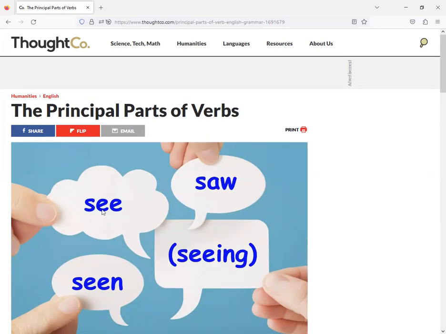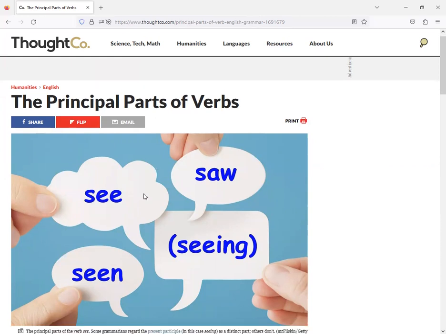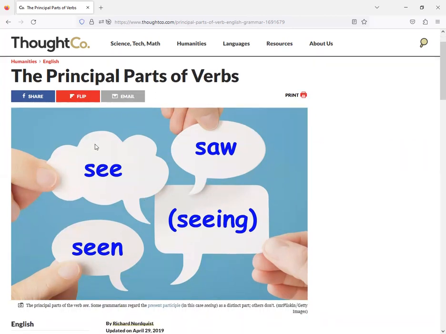So again, in order to summarize what we have covered here for principal parts of verbs, the base form is see, the second form is saw, and the third form is seen, and we call this the past participle. But seeing is the present participle.